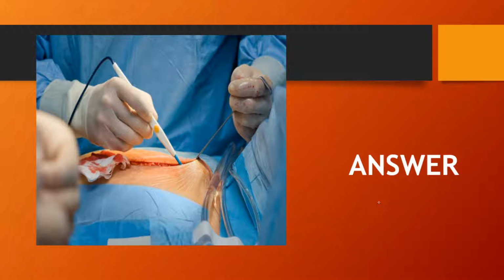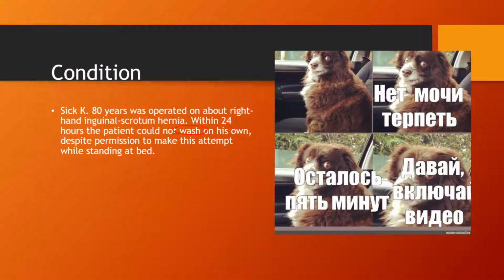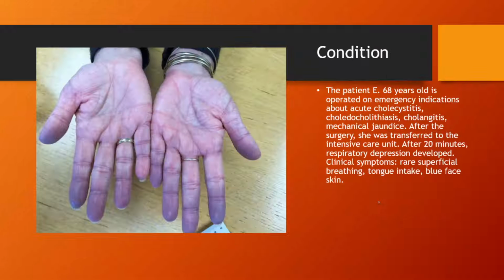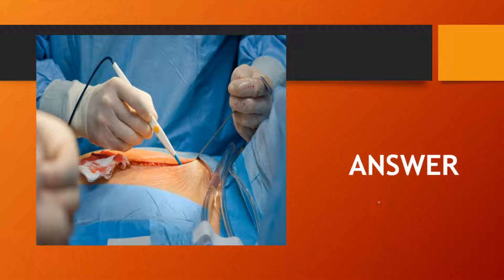Next one is this case, and it is bleeding, internal bleeding. The patient has internal bleeding. You need to do emergency surgery, like laparotomy and stopping the bleeding, or laparoscopy. What kind of operation you can choose.